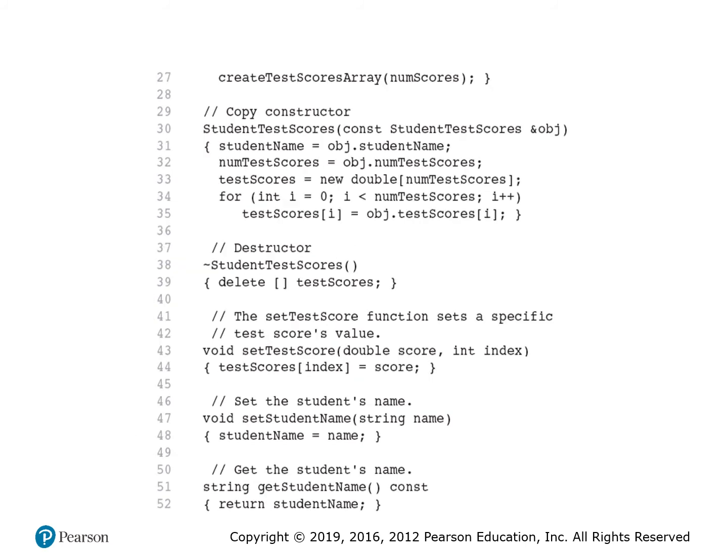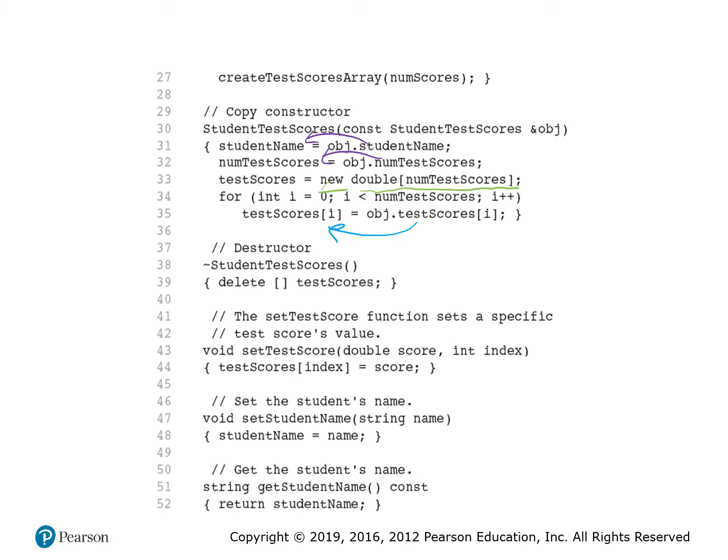And the copy constructor will take the student name and copy it, the number of scores and copy it, but then we'll create a new array of the right size, double of num test scores, and then we'll do a for loop to copy each score over one at a time.